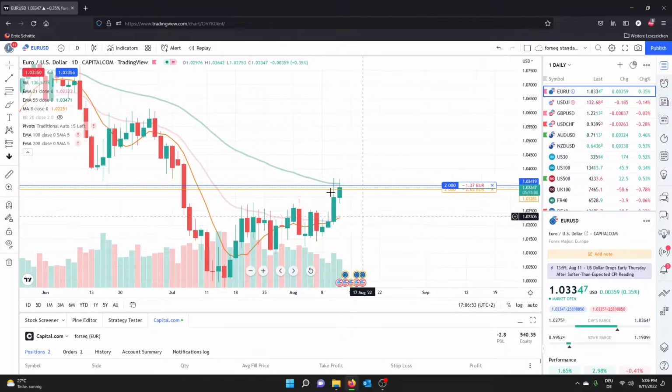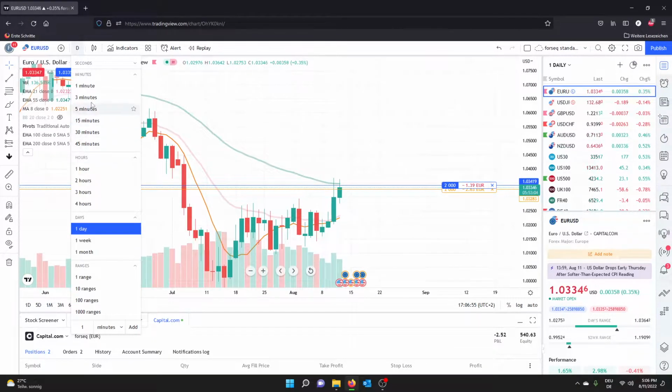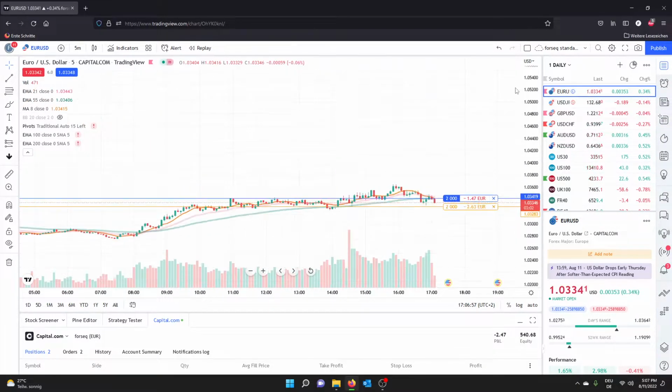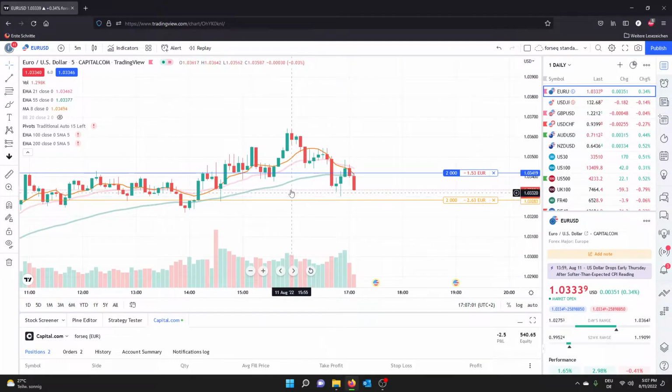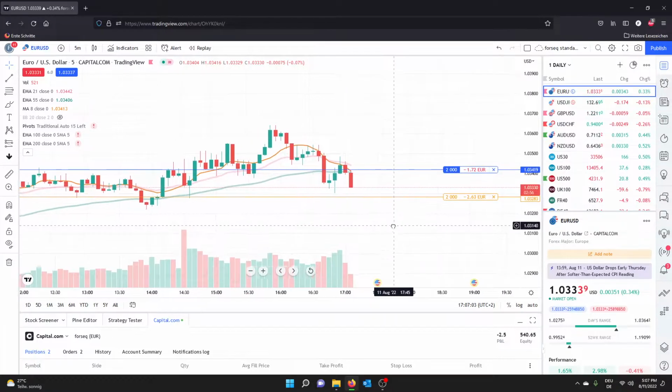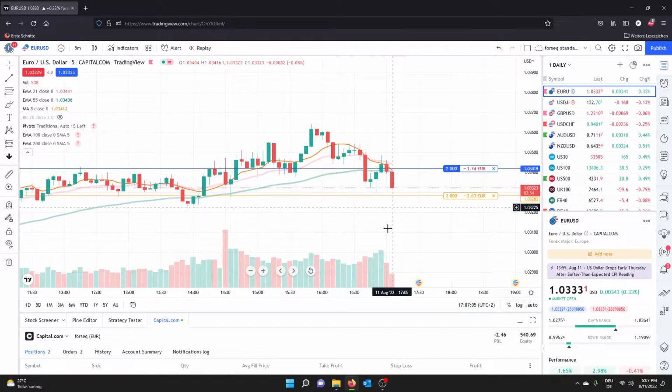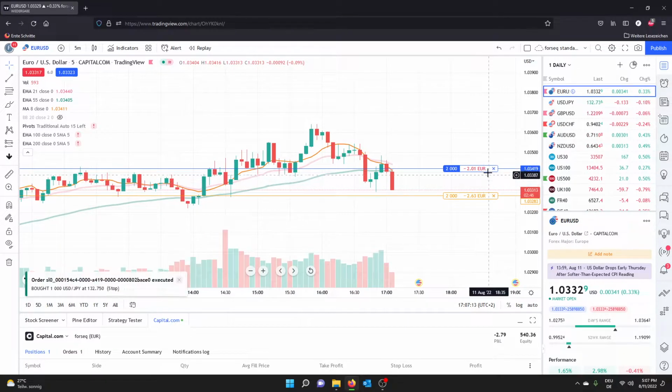Yeah, now maybe we have, let me see. Yeah, I think we will get stopped out here because the price moves in our opposite direction right now. It's trying to break this price level here.